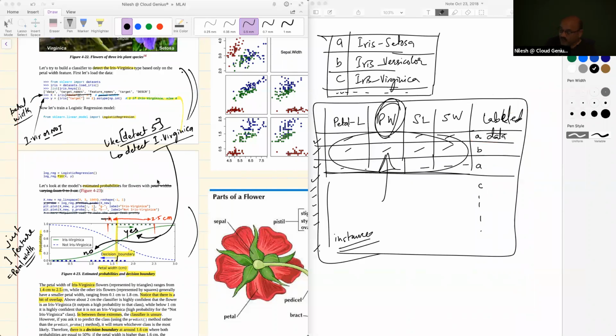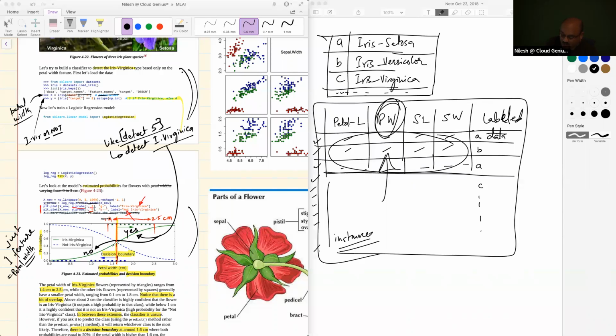If you look at the data set, you will find that the plot here is drawn based on whether the probability is a 1 or a 0. That basically tells you whether it is a Virginica or not. And that is where the decision boundary is.